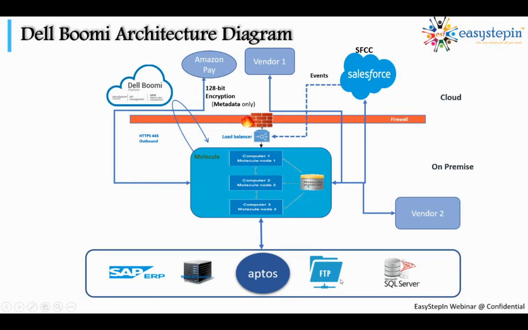So whenever orders are created in SFCC, there is an integration that pulls all the data into an FTP, which is handled in SFCC itself. It's not a Boomi integration, I mean to say it is Salesforce itself.